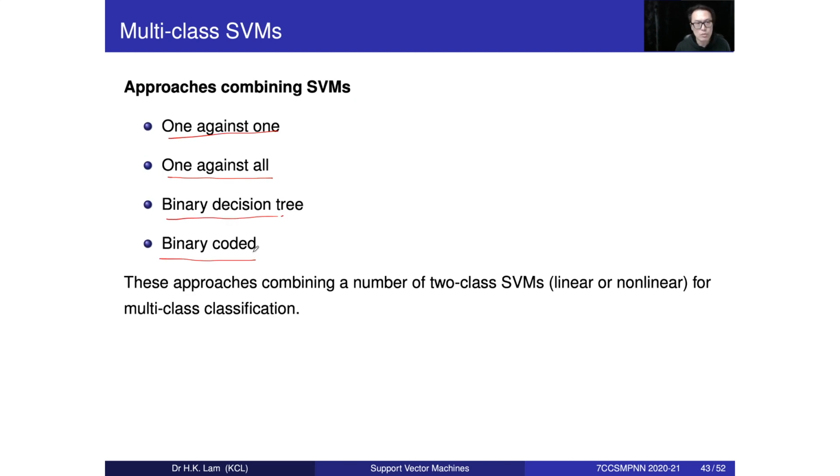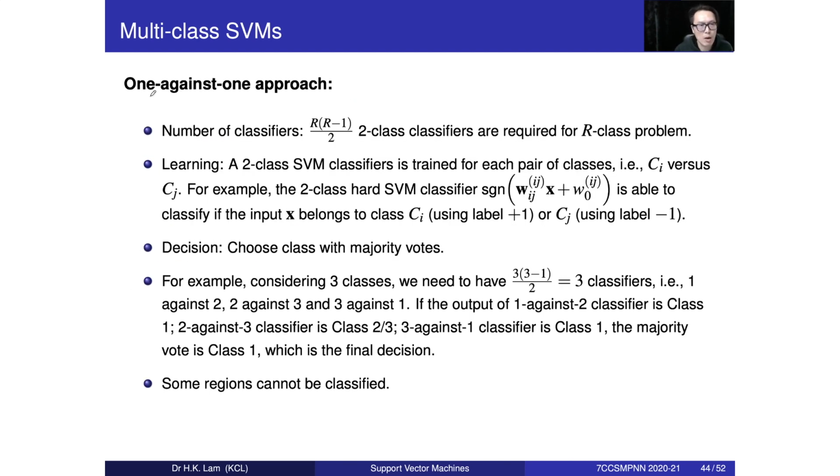When we talk about 1 against 1, if we have an R-class problem, for example R is 5, it means that we have 5 classes.